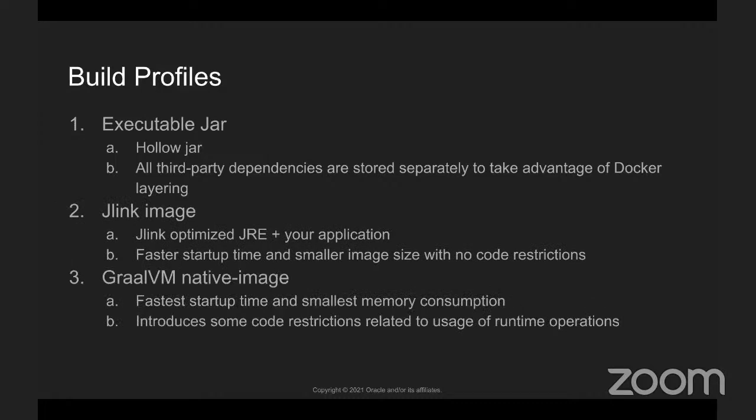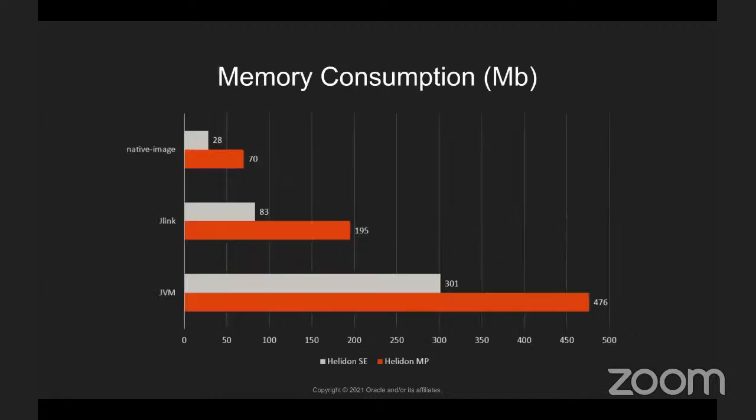And another thing, of course, is the Graal native image. We are quite proud of the fact that our Weld implementation, with some tweaks that we do there, is also native image ready, and all the CDI extensions we do are done to care about native image readiness. GraalVM does have some restrictions, but we are aware of them, and we are putting a big focus on handling them correctly.